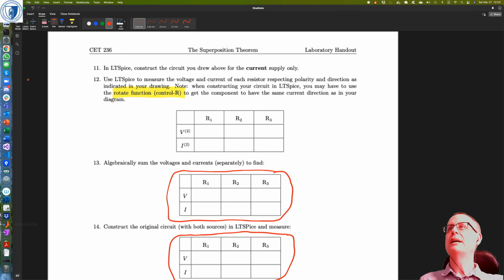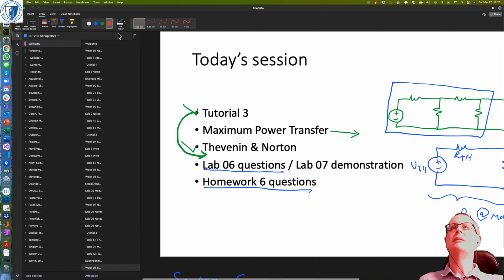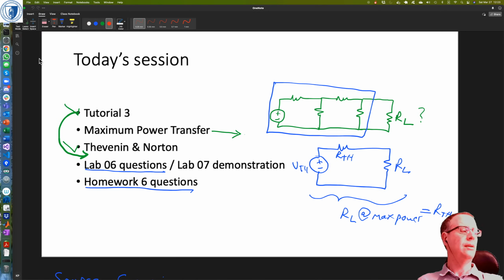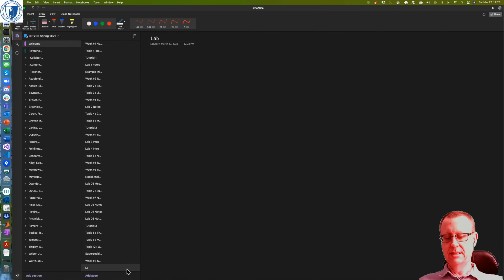Let's just go back to there. So it's a way off yet, but let's have a look at lab 7. That was lab 6, so let's, don't think I have a lab 6 tab, so let's add a lab 7 tab.